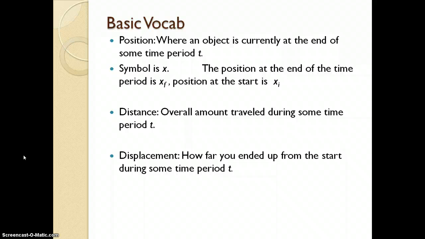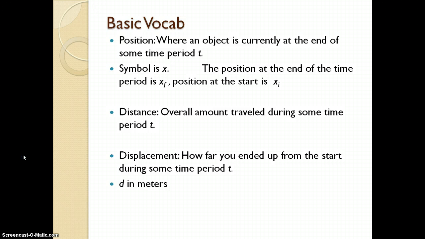So if you started at 100 and ended at 250, your displacement is 150 meters, which sounds the same as the distance. But as you're going to see, when we do more than one time period, it gets a lot more complicated. And displacement will be the thing we're going to use constantly to make it simpler.